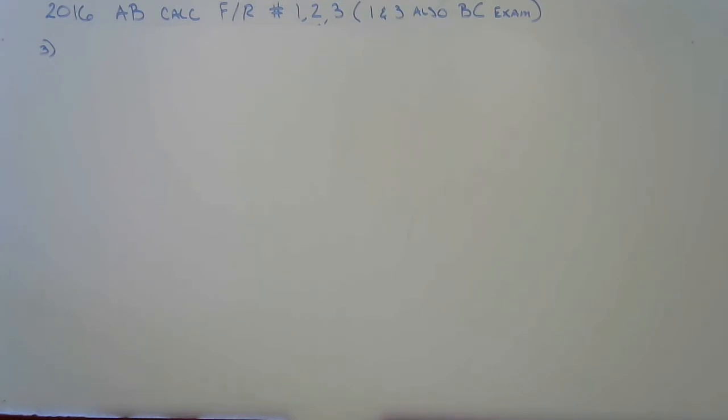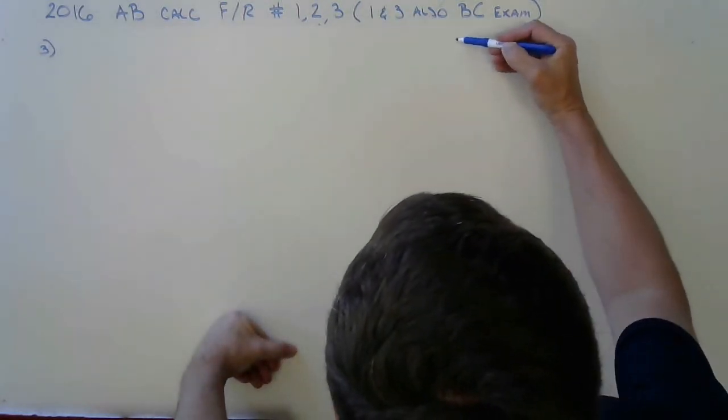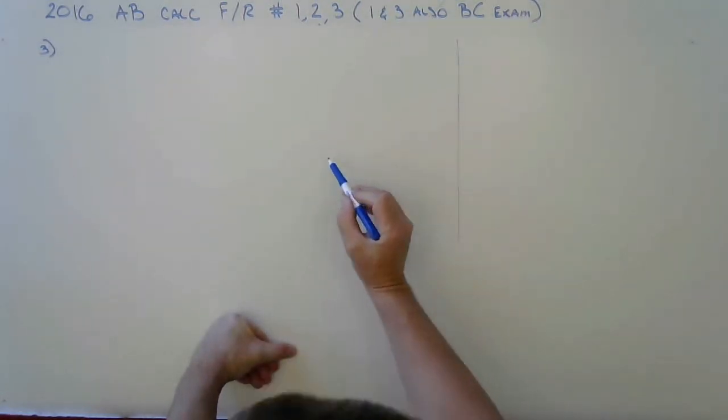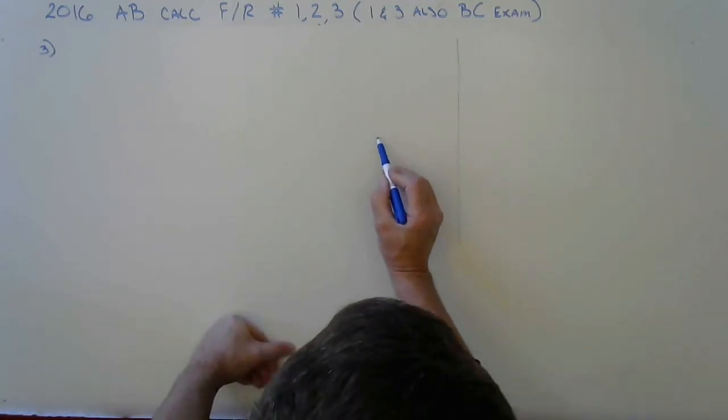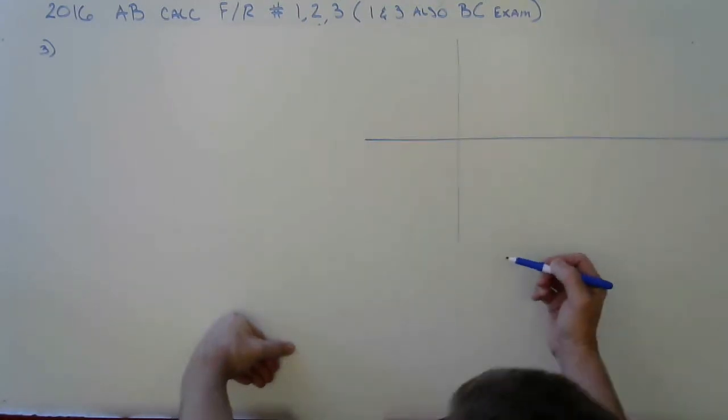And so they give us a diagram, and it says the figure above shows the graph of a piecewise linear function f defined between -4 and 12. All right. So I'm going to draw a quick sketch of this function because we're going to need it. We're defined between -4 and 12.